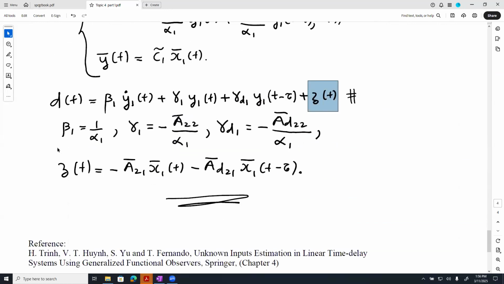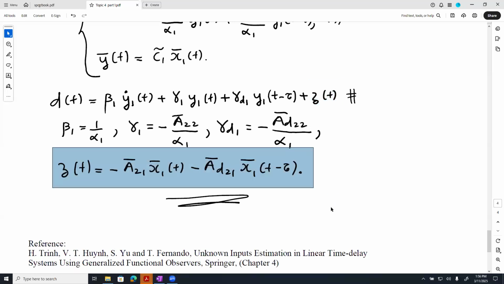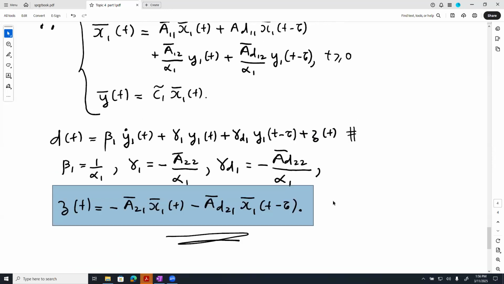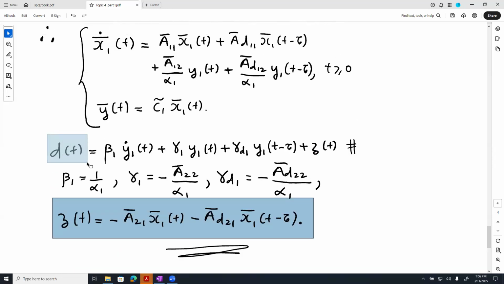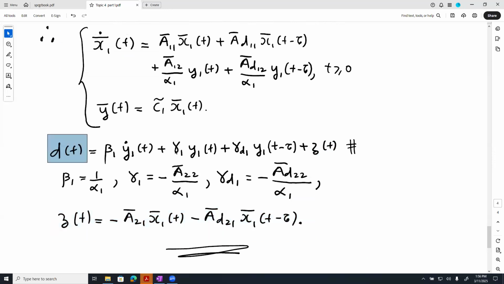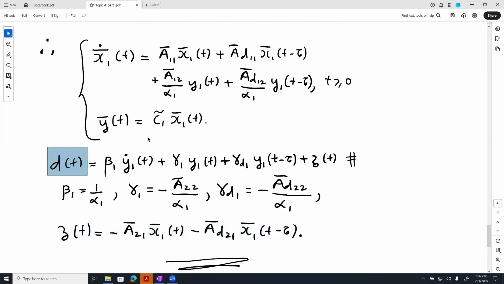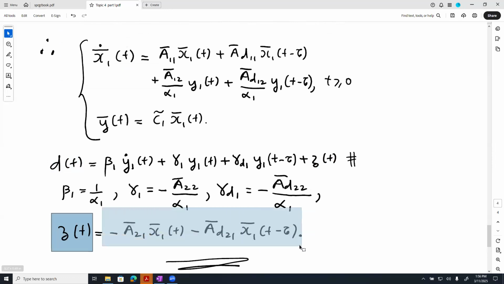To be able to realize the unknown input, we basically will design a generalized functional observer to estimate that two terms combination there in one go. And so it's called generalized functional observer.